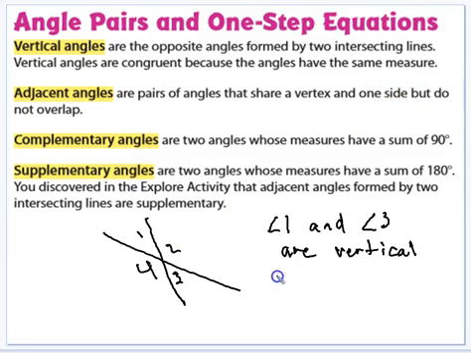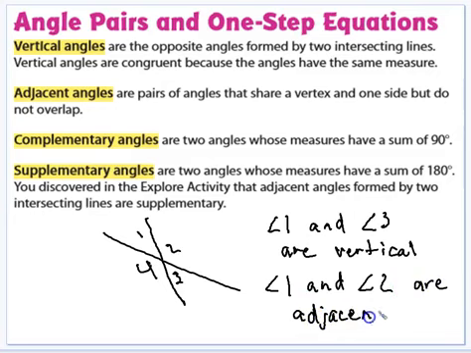So we've got 1 and 2. Angles 1 and 2 are adjacent. They're right next to each other. They share a vertex and they share one side and they do not overlap.